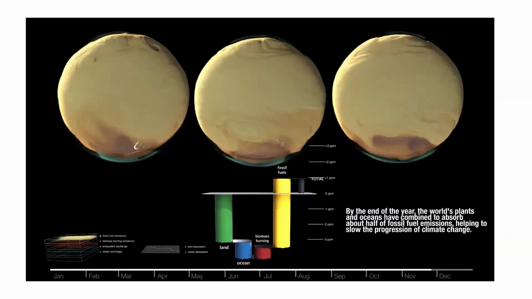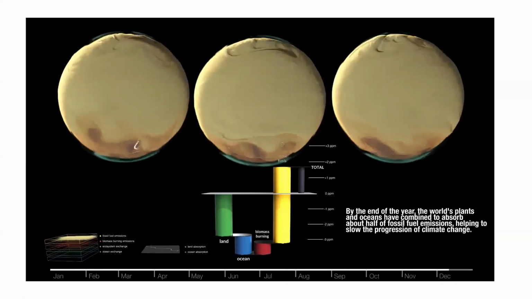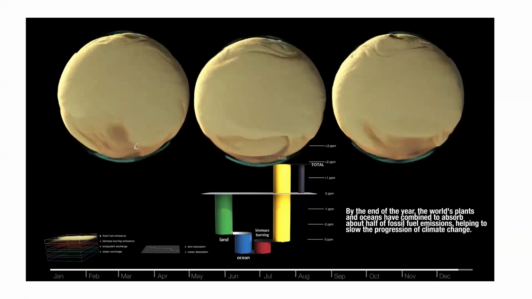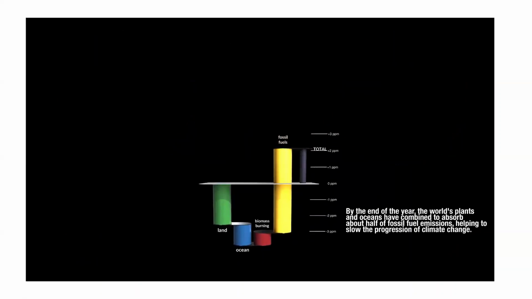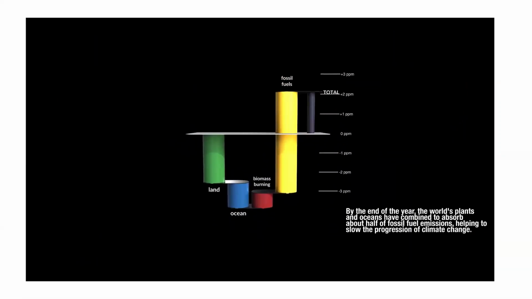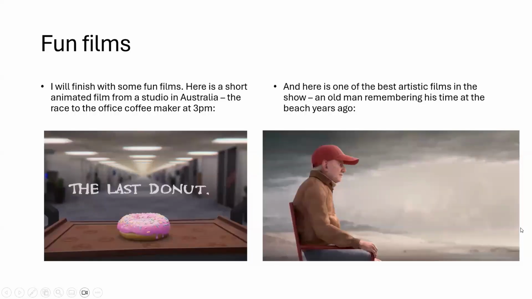Yeah, the net effect for the year has been to increase the carbon dioxide by about 2 parts per million in the whole of the Earth's atmosphere. All right. What a great video.